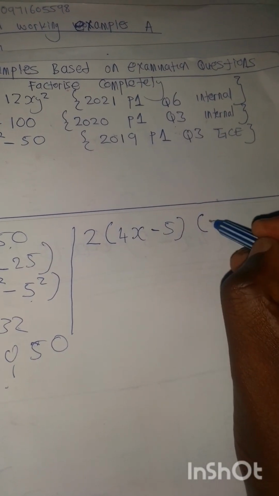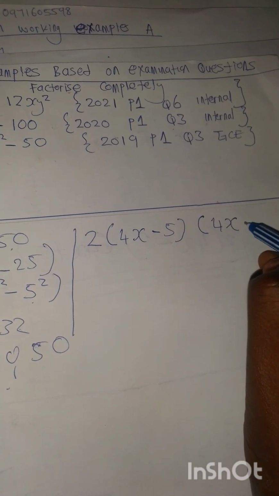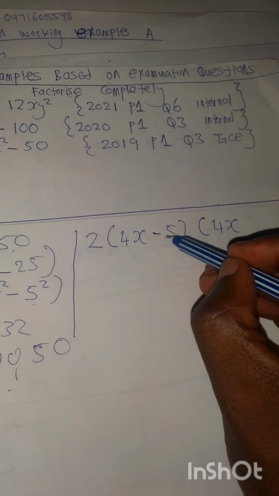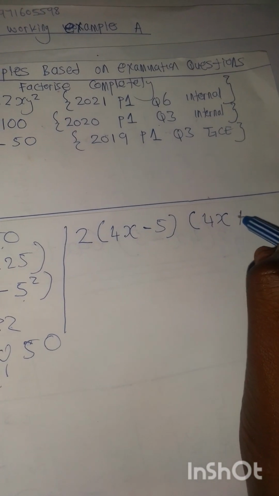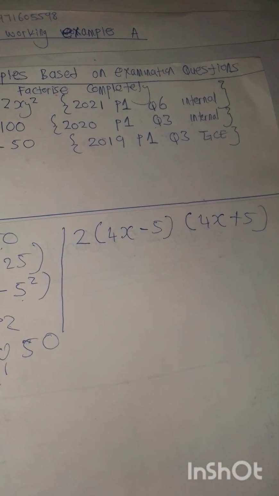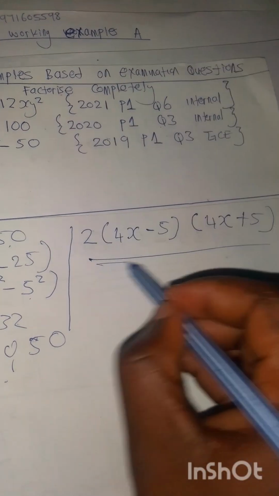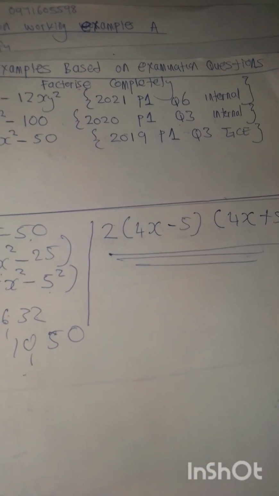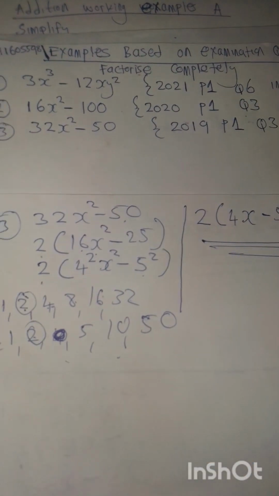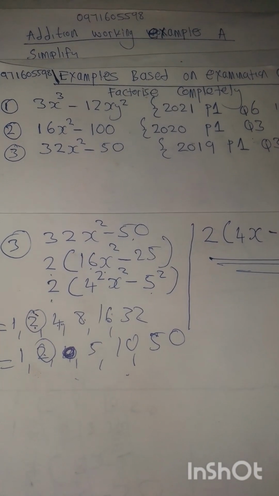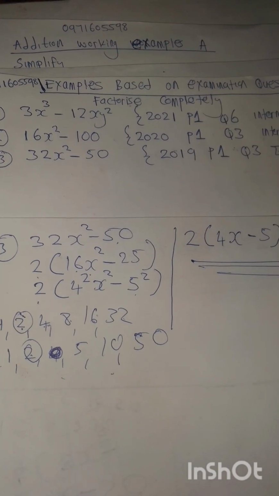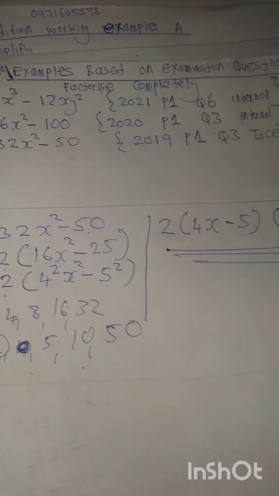So we take what is in the bracket exactly, but we change the sign. Here there's negative, so it becomes positive 5. So that's the final answer for question 3 from the exam question paper. It was a continuation.